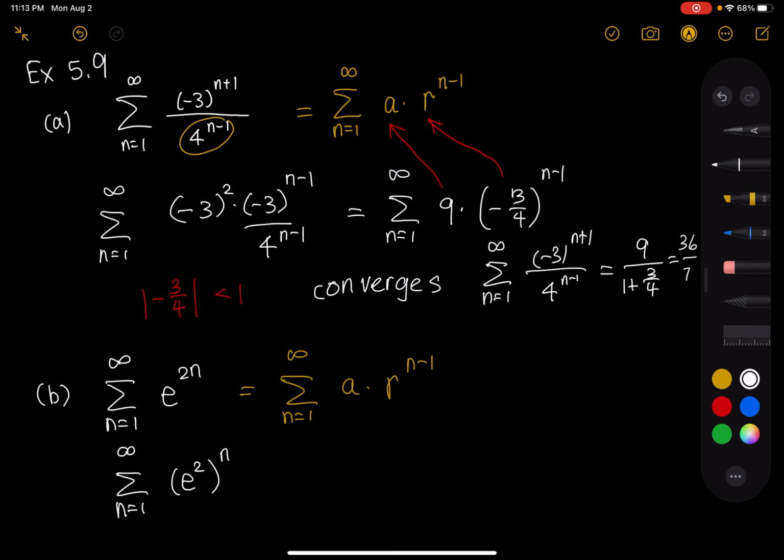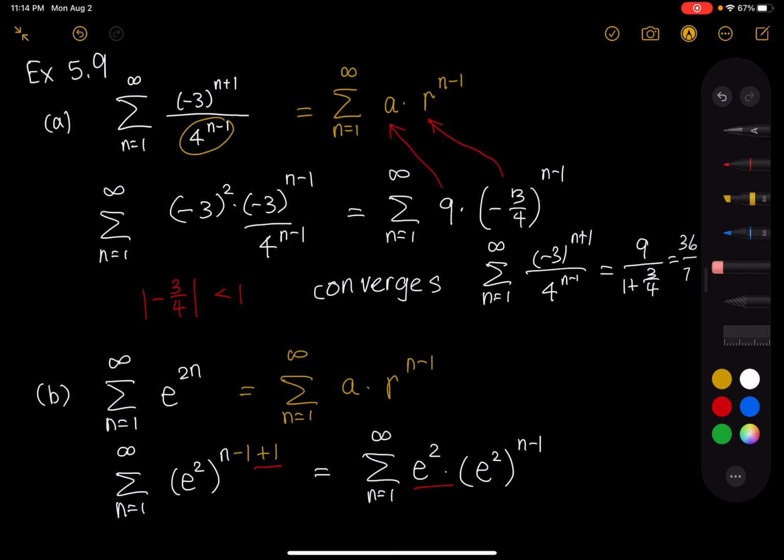How do we get n minus 1? We subtract 1 and we add 1. So what we have is n equals 1 to infinity of e squared to the n minus 1 power, but when we add 1, it's the same as multiplying by e squared.